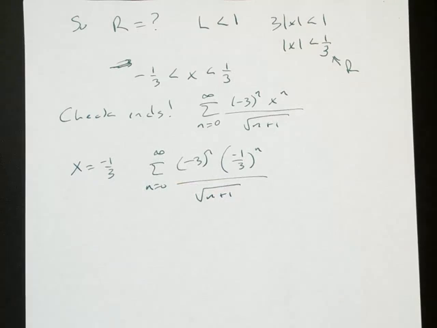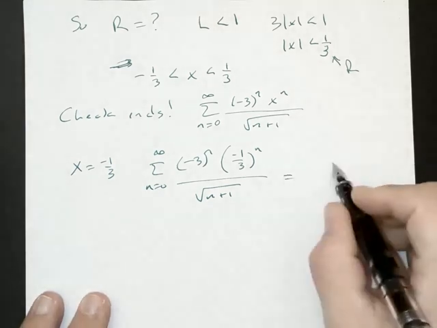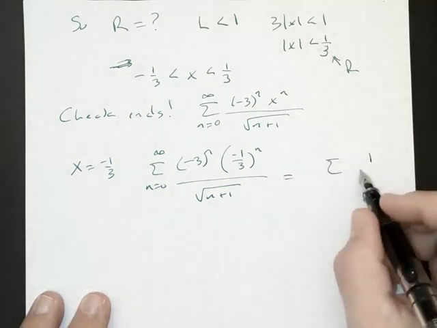What happens in the top? Because the 3 and the 3rd cancel, and negative times negative is always positive, right? Oh, wonderful. That makes the top of this fraction always a 1.